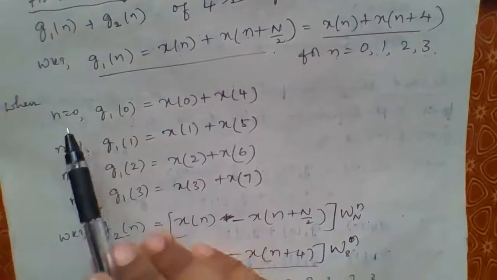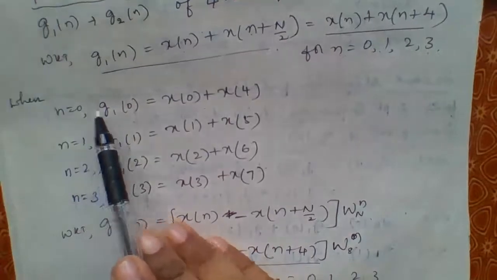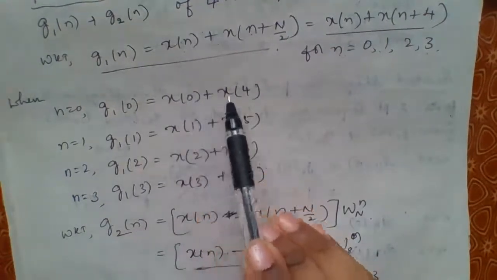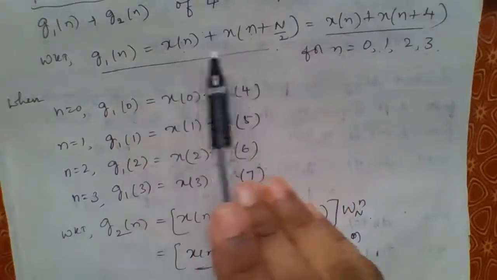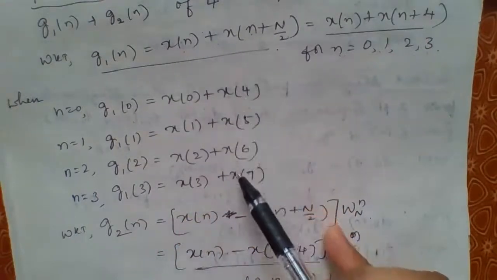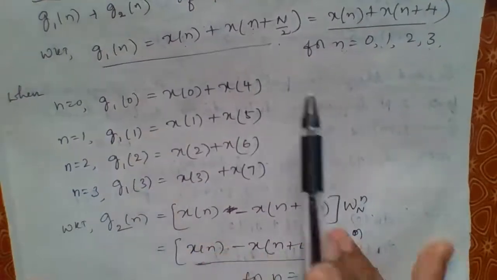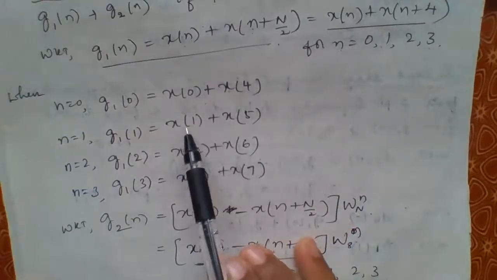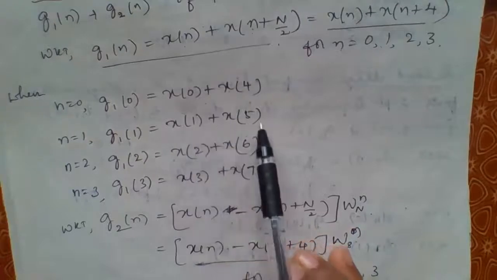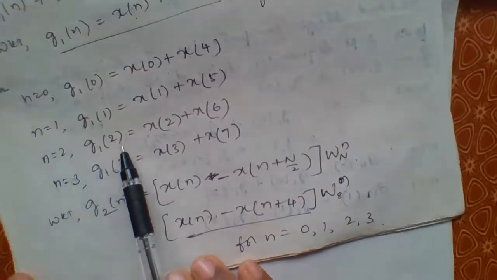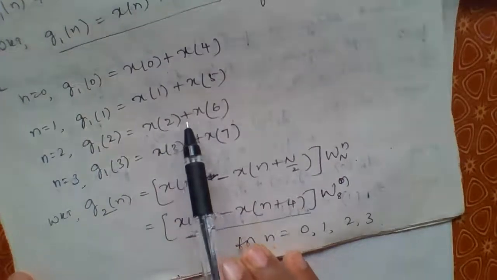When n equal to 0, you can write G1 of 0. It is nothing but x of 0 plus x of 4. In the G1 of n equation, we go on substituting. Similarly for n equal to 1, G1 of 1 is x of 1 plus x of 5. For n equal to 2, G1 of 2 is x of 2 plus x of 6.